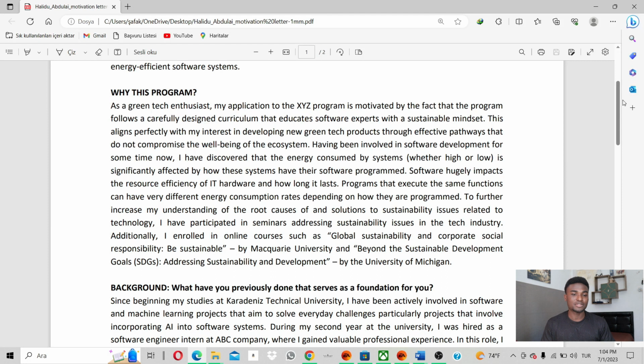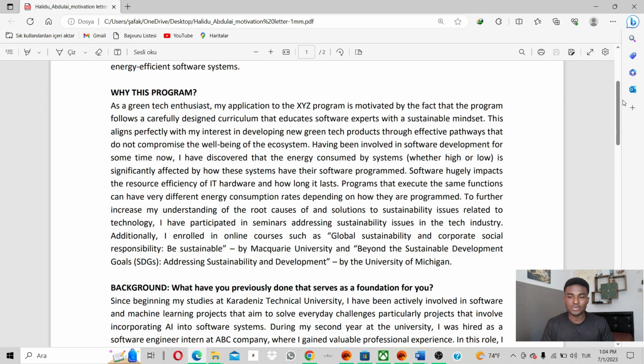The next paragraph talks about why I chose this program. As a green tech enthusiast, my application to the XYZ program is motivated by the fact that the program follows a carefully designed curriculum that educates software experts with a sustainable mindset. This aligns perfectly with my interest in developing new green tech products through effective pathways that do not compromise the well-being of the ecosystem.